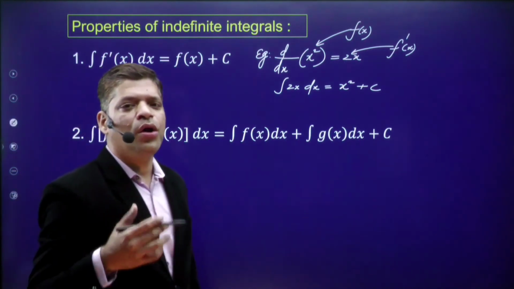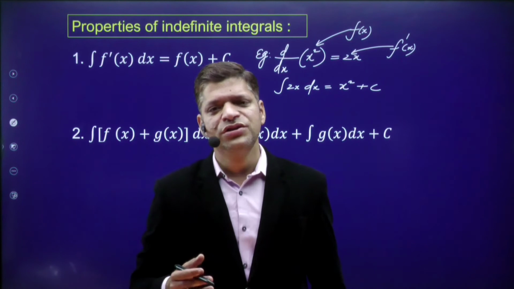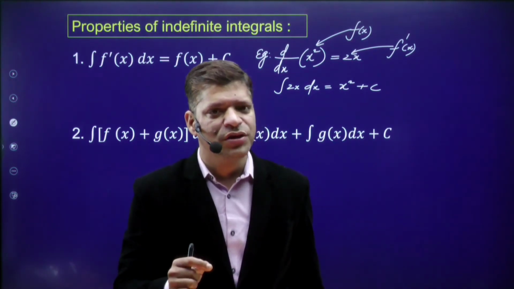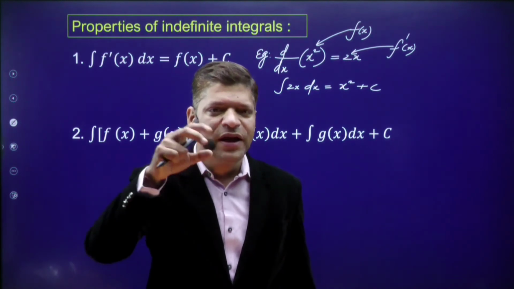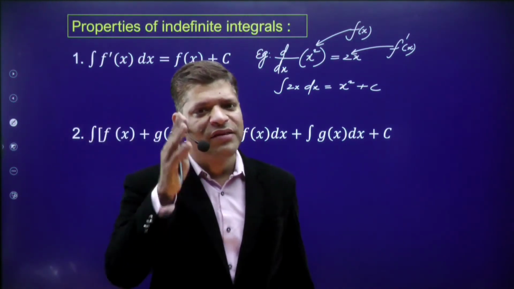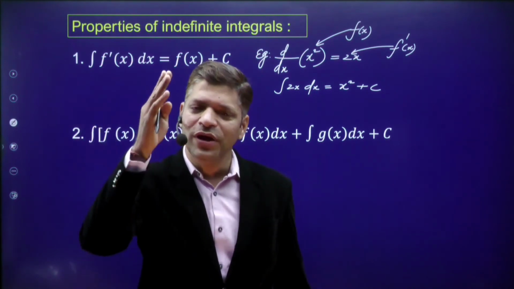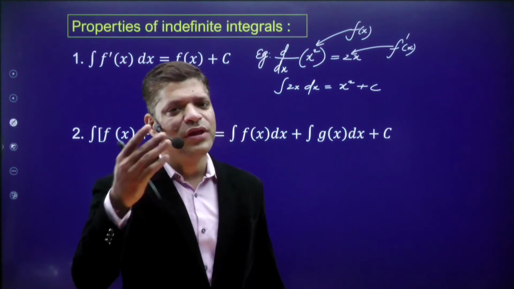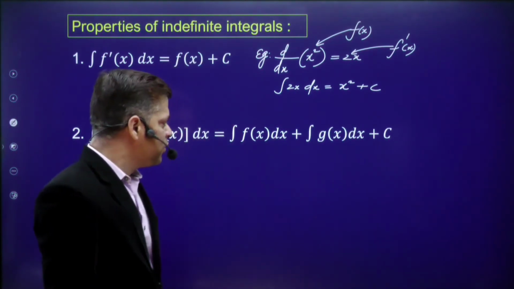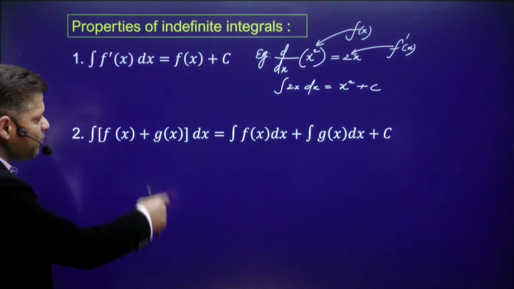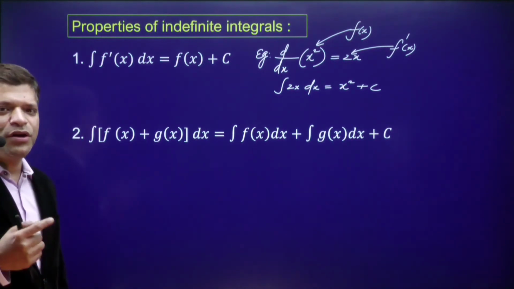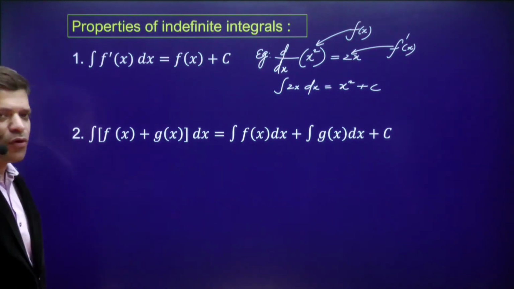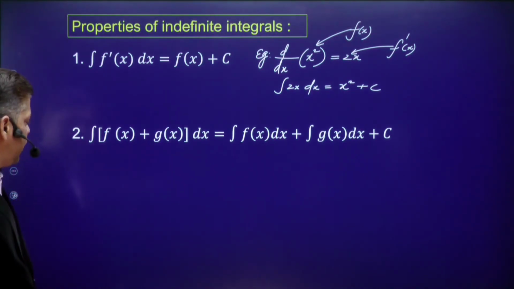If two or more functions are given in the form of addition or subtraction, we separate all these functions, and by separating them we can easily apply the standard formulas and integrate very easily. So for two or more functions with addition or subtraction signs, we can apply this property and easily find the integration.